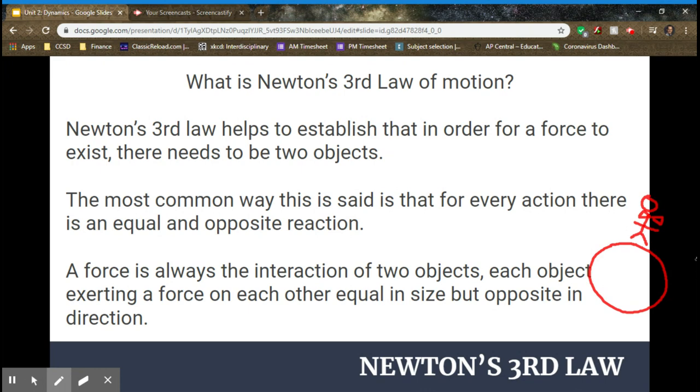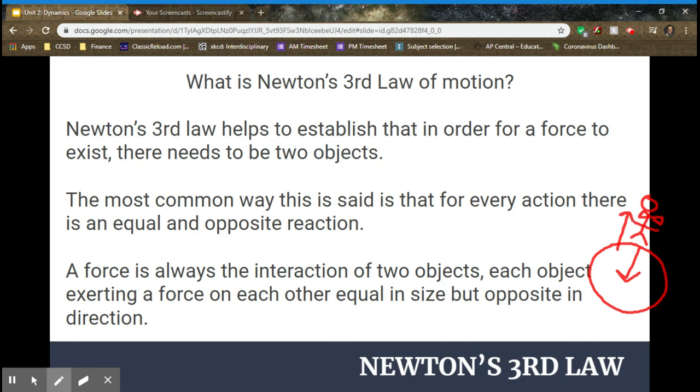The force of gravity is pulling me down. However, Newton's third law also says that while the Earth is exerting a force and pulling me down, I, at the same exact time, am exerting a force on the Earth, and I am pulling up on the Earth with my own force of gravity. That seems very counterintuitive to a lot of people, but I'm the one that falls to the ground if I jump. The Earth doesn't come up to me.